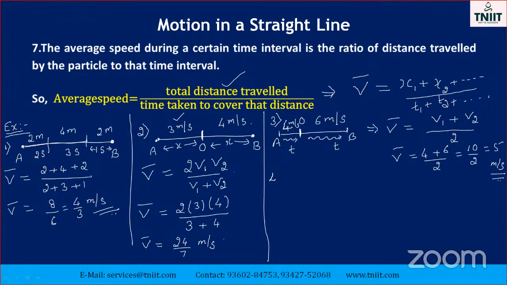Take one more last example to analyze the concept of average speed. Now, I'm considering the particle at A. Now it has moved to the final point B. Now, I'm going to consider O is the midpoint.